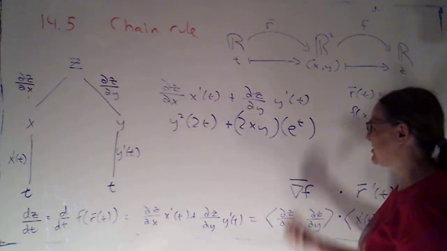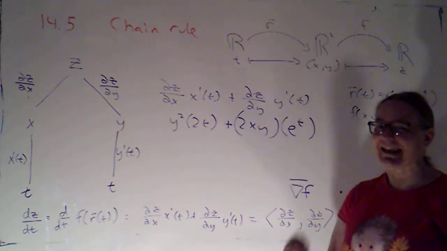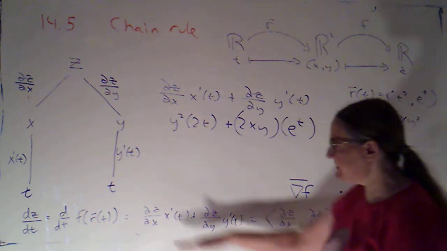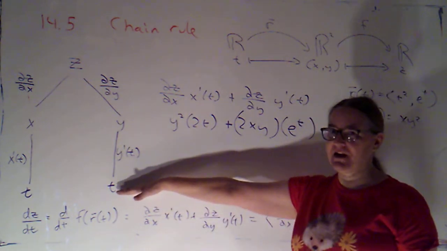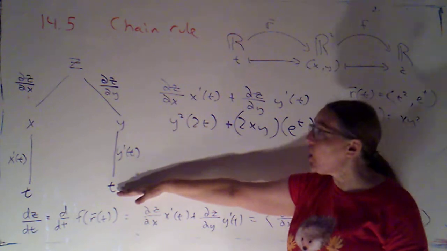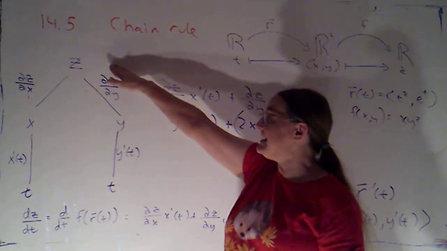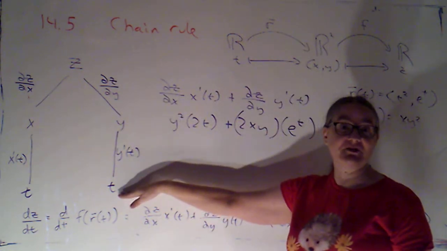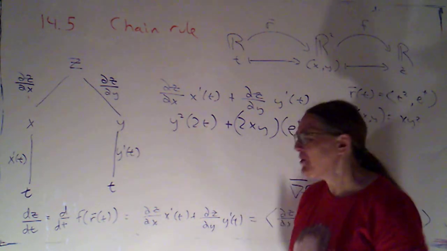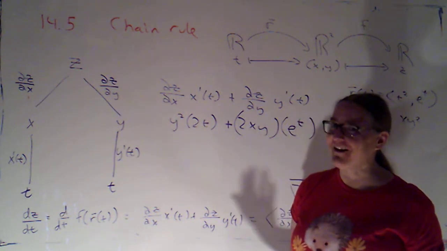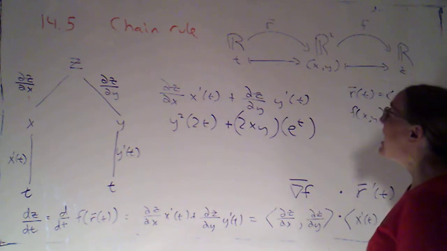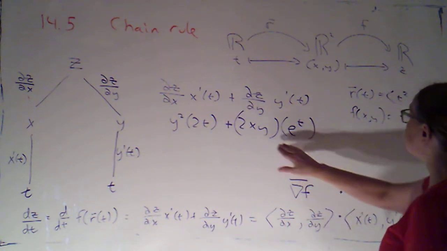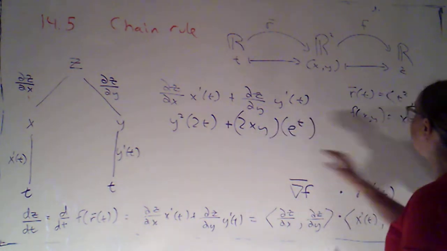I'm explaining this in terms of x and y and t. The rule is I can only use the variables that I've got on the bottom level because we're ultimately saying that z is a function of just one variable t, so its derivative really should be in terms of just one variable t.